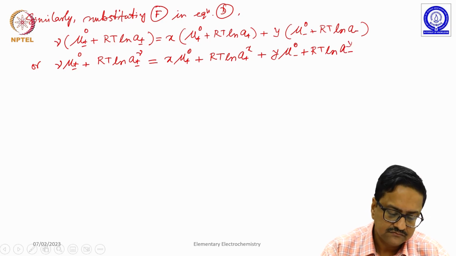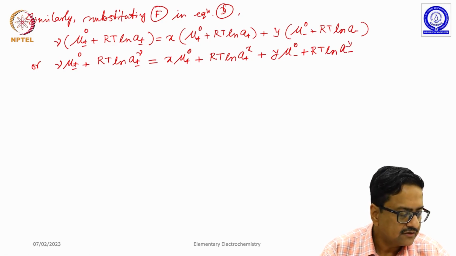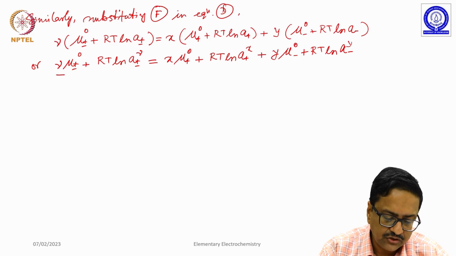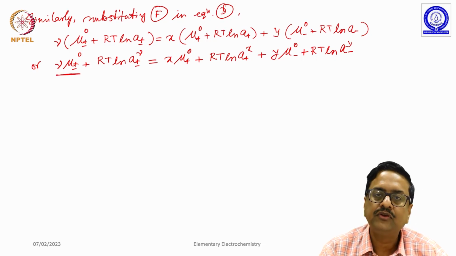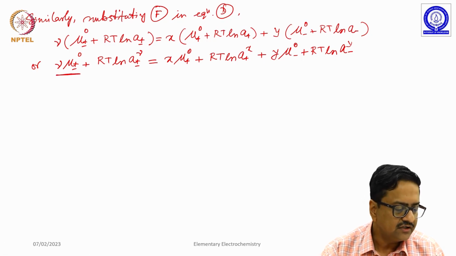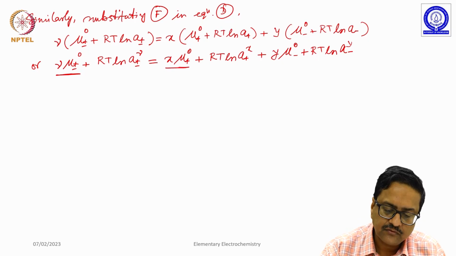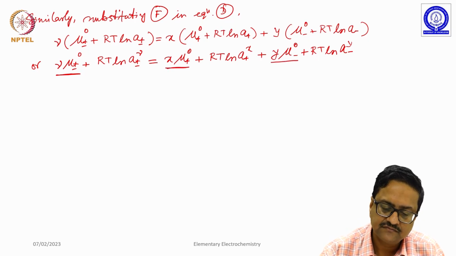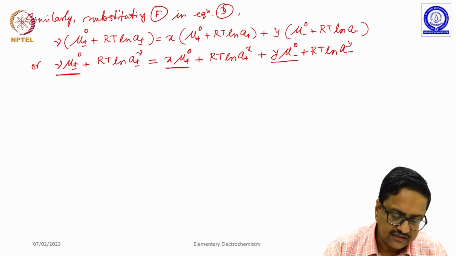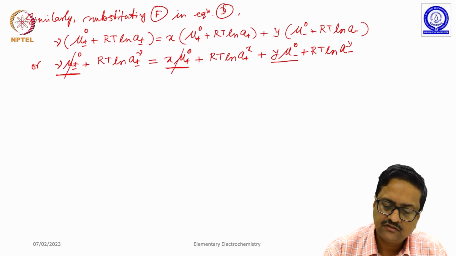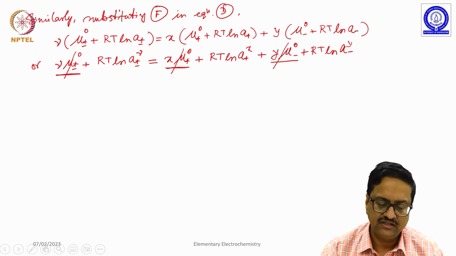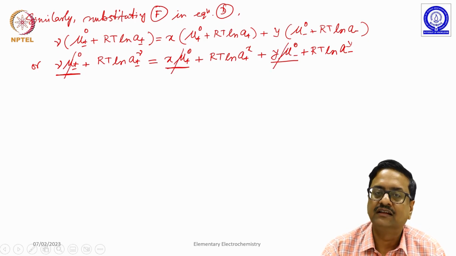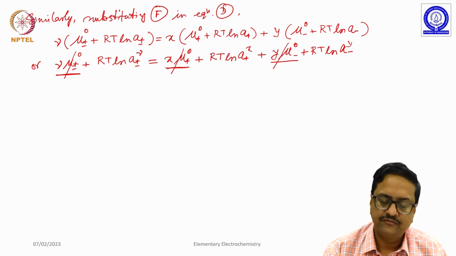So, now you can see that this nu into mu plus minus 0 is equal to the sum of this and this quantity. So, one can cancel these mu plus minus zeros with mu plus 0, mu minus 0 and get rid of that.